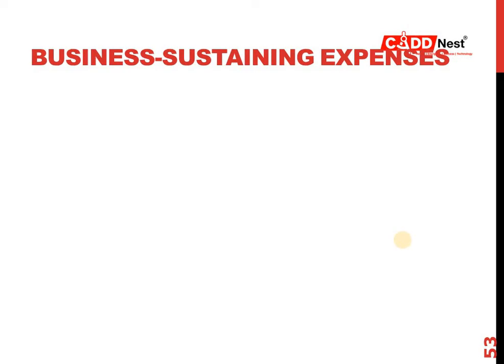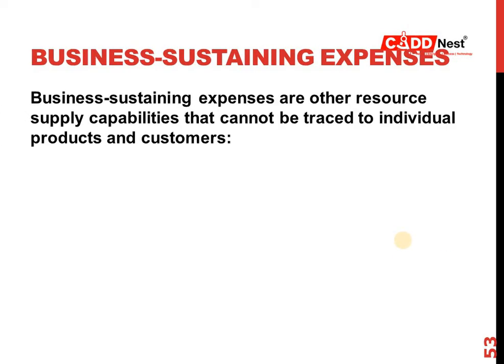And then we have business sustaining expenses. So what are these expenses? They are other resource supplied capacities that cannot be traced to individual products and customers. So these are a few expenses but not individual product or customer expenses.